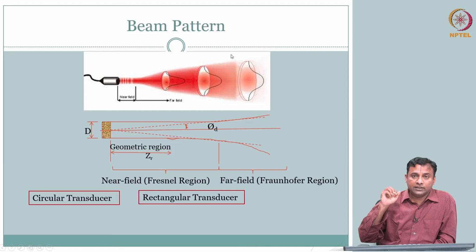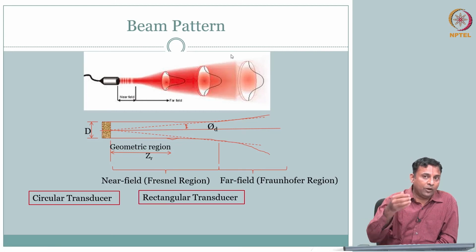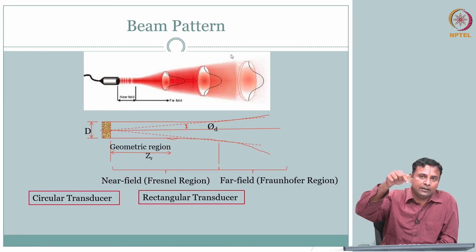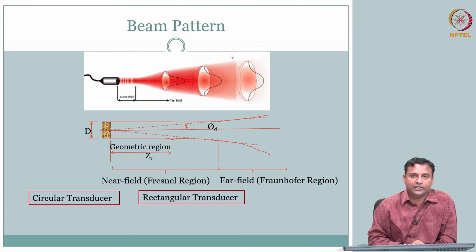So the objective is this: I am sending the sound wave, I get an echo. Based on the echo, I have to say what interface is there at which location. The amount of echo is proportional to your impedance mismatch, right? So based on the amount of echo, can I say that at this location this is the impedance mismatch, or more specifically, that an impedance mismatch occurs at such a location?